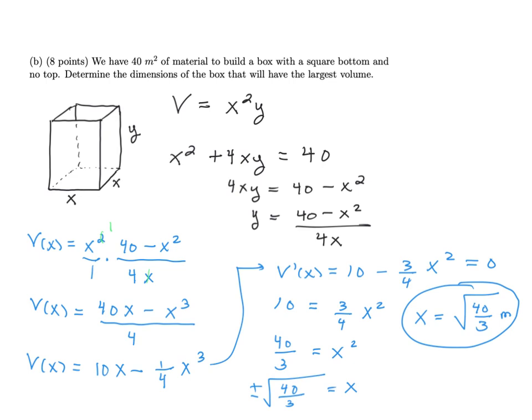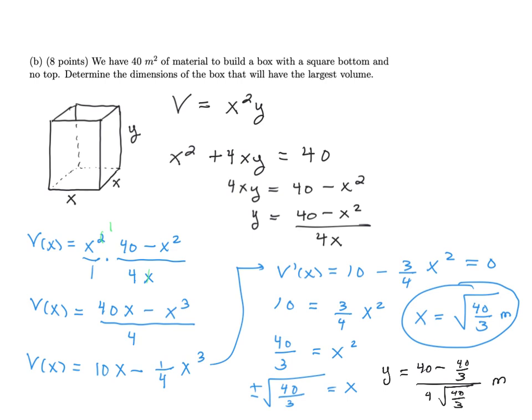I think I'll leave it unsimplified just because on this exam there will be no calculators allowed. So what is y? y is equal to 40 minus this number squared, which is 40/3, all divided by 4 times that number, which is root 40 over 3, and this is meters.